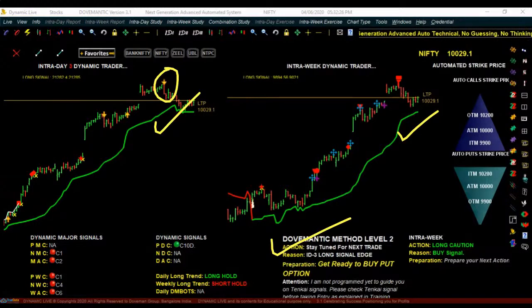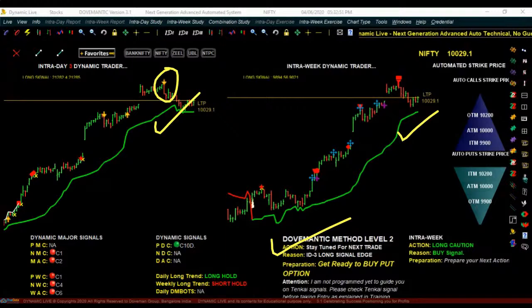So when there is a mismatch, what do you do? What did you do in the second step when there was a mismatch? Yes, you go check the Tenkai signal.